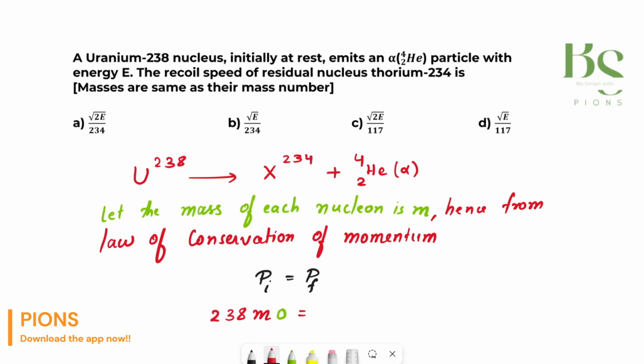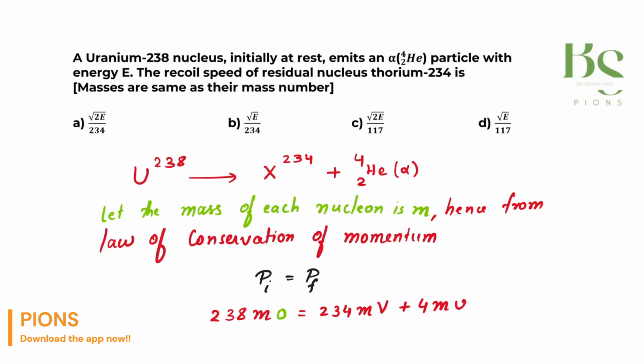So the final momentum will be contributed by whom? One will be from this and one will be from this, right? So the final momentum is contributed by the thorium atom and the alpha particle. So here it will be 234, the mass number, multiplied with the mass of nucleon M, and the velocity, we will write it as V, correct? Plus the next mass number: the mass number for the helium atom or alpha particle is 4, multiplied with the mass of nucleon and the velocity, let's call it v, okay?